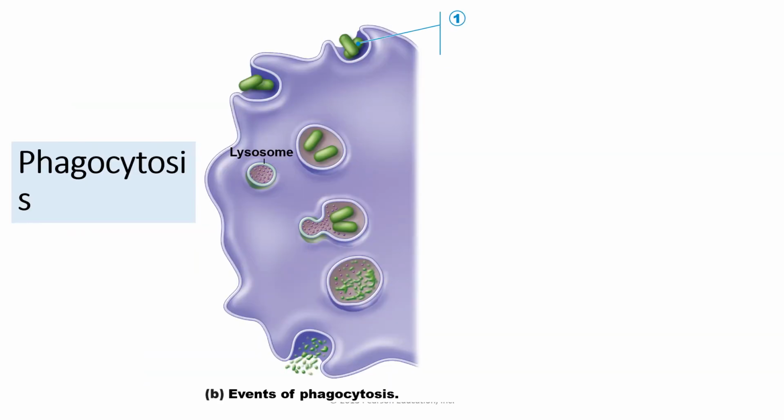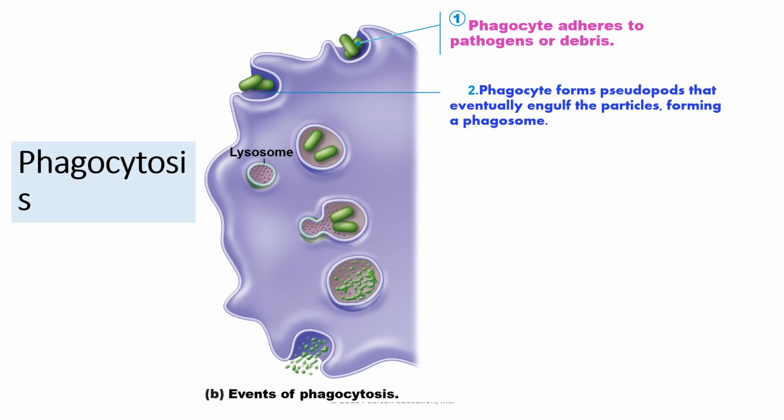The phagocytosis steps first begin with the phagocyte adhering to the pathogen or the debris. The green colored are the pathogens or the debris. Second, the phagocyte forms a pseudopod that eventually engulfs the particles, forming the phagosome.